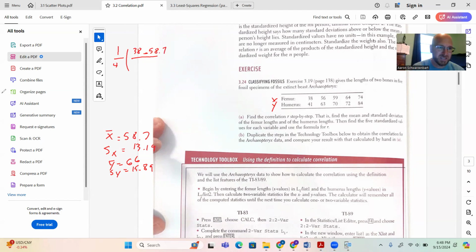It's not a very nice minus. Over 13.19 times 41. Now I'm doing the same thing for Y's.